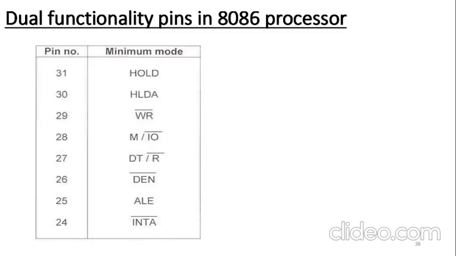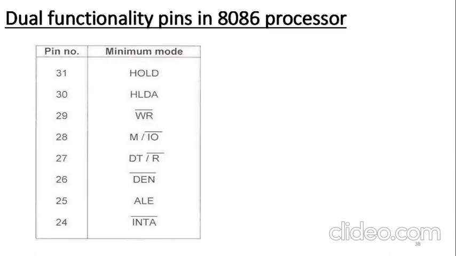Now next is about dual functionality pins in the 8086 processor. Here, pin number 24 shown at the bottom to pin number 31 shown at the top: the second column decides the pin functionality in the minimum mode, like HOLD, HOLD acknowledge, WR bar, M/IO bar, DT/R bar, DEN bar, ALE, INTA bar.